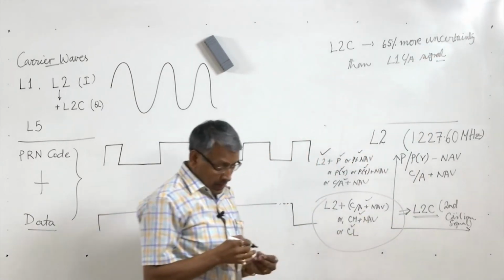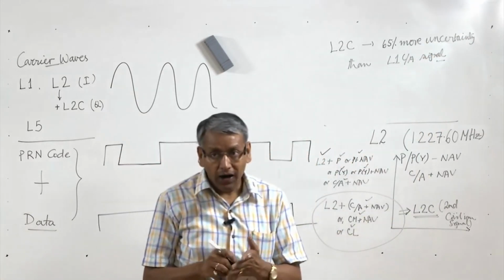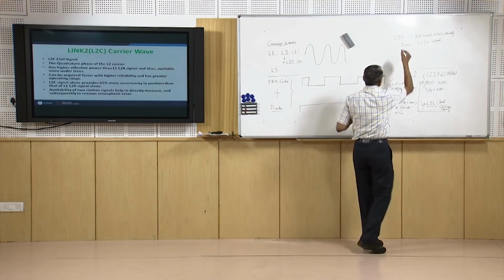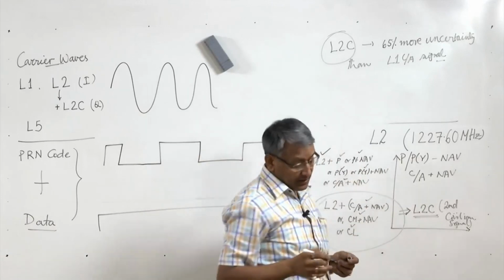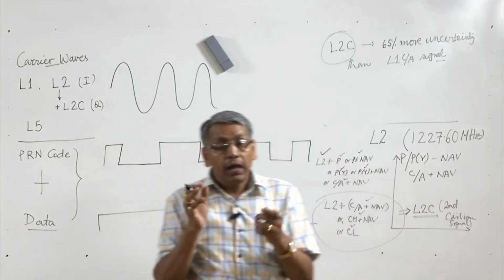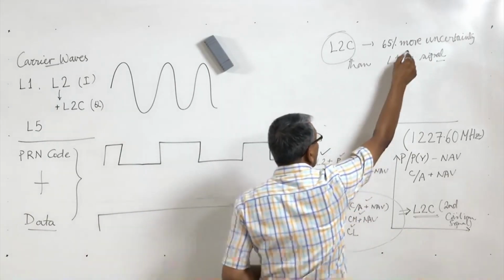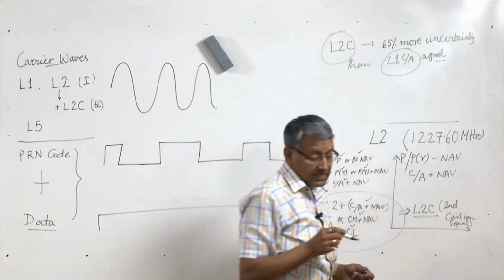So if we want to work under a tree or little shade of a tree, then we will go for the L2C signal, but if we want our position more accurately, then we will go for the L1 CA signal.